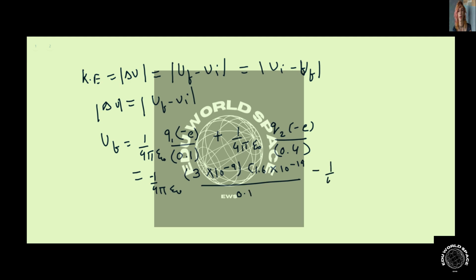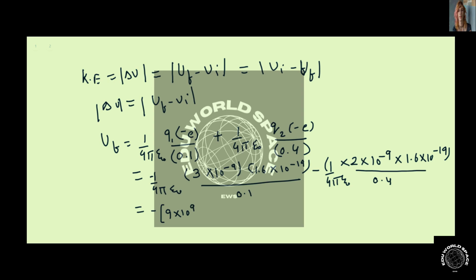So this becomes 1 by 4 pi epsilon naught, 2 nanocoulomb, 10 to the minus 9. So this becomes 1.6 into 10 to the minus 19 coulomb over distance 0.4 meter. So we have minus, taking common out 9 into 10 to the power 9.